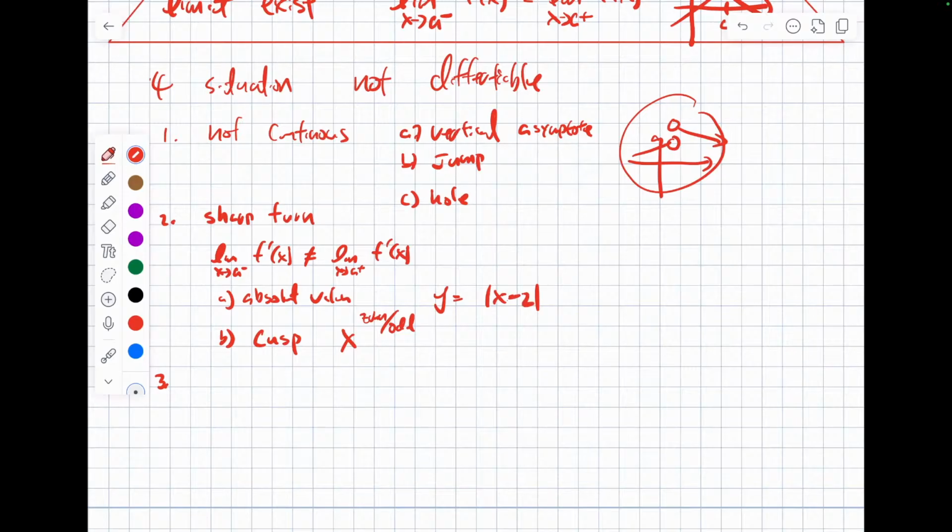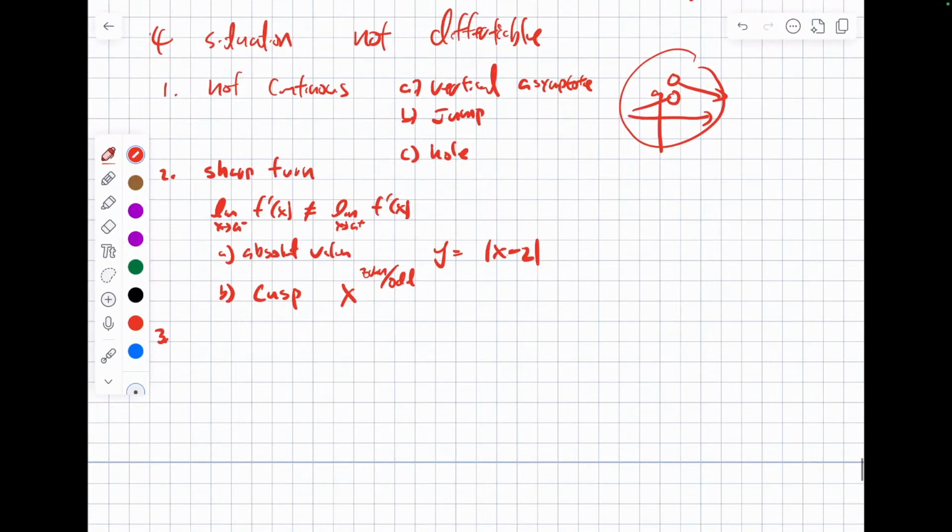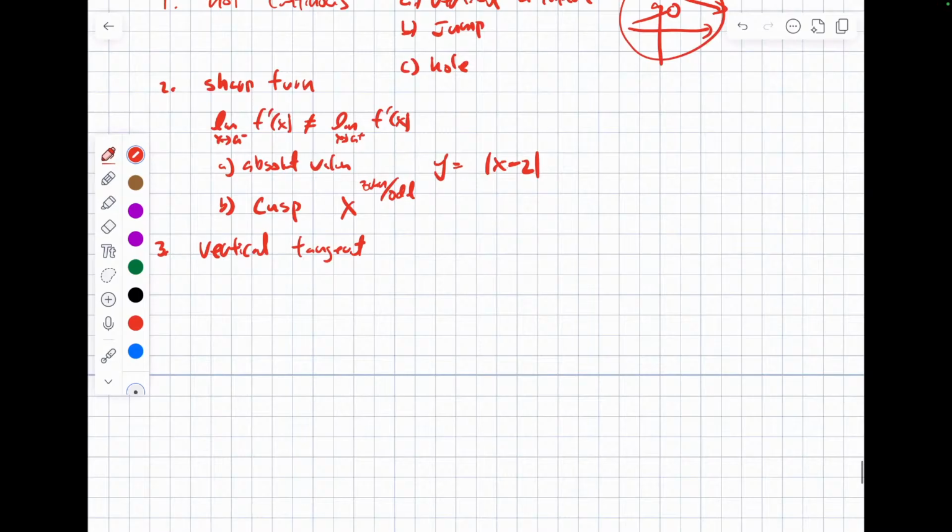Okay, so third, a vertical tangent. This one doesn't make sense in terms of the roller coaster analogy, because on a roller coaster you get this situation all the time. The vertical tangent occurs at this point right here, when the cart is exactly perpendicular to the floor, and also at this point here too, right?